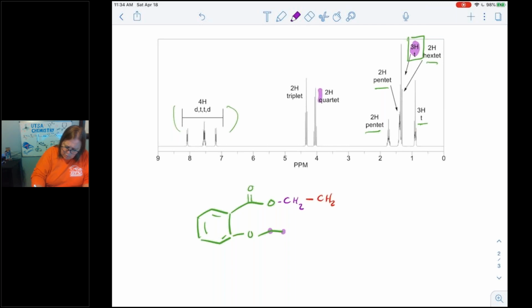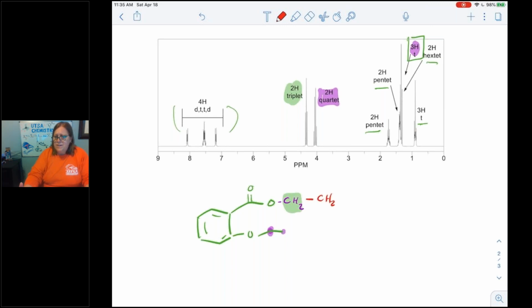This CH2 would be a quartet, and that is the CH2 next to my CH3 down here. My bad. All right, so again, going back. This CH2 would be a triplet, which is that guy right there. How do I know he's next to a CH2? Because he's a triplet.